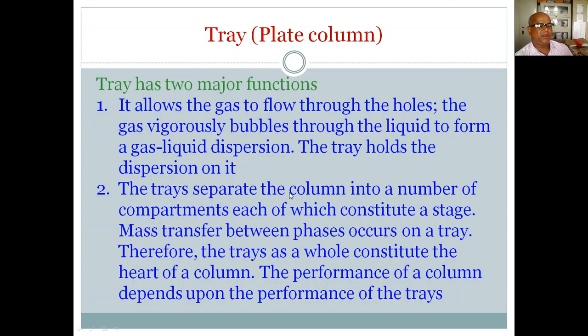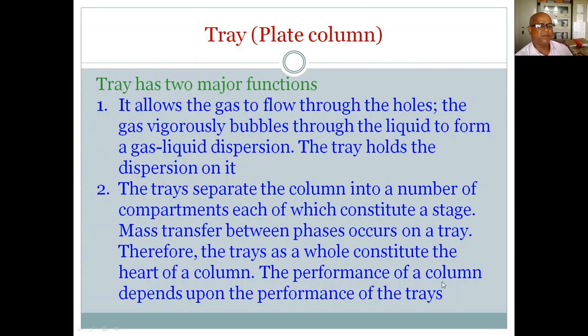The trays separate the column into a number of compartments, each of which constitutes a stage. Mass transfer between 2 phases occurs on a tray. Therefore, the tray as a whole constitutes the heart of the column.